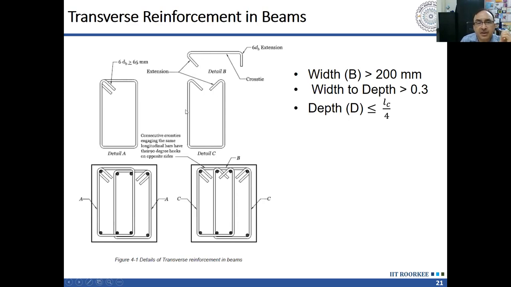But definitely the efficiency of this will be less than the efficiency of this. So it's better to provide this arrangement than this arrangement. But where it is difficult, where you are not able to provide it for any reason, then you should go for this. Okay. And the requirements for this stirrup are also given here.